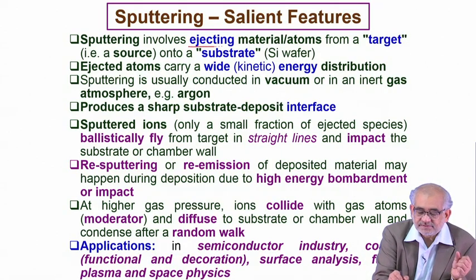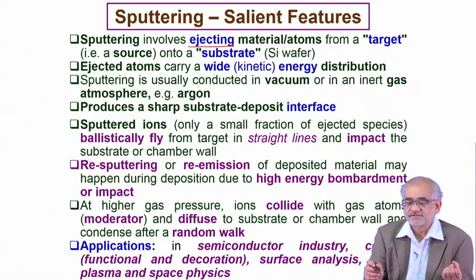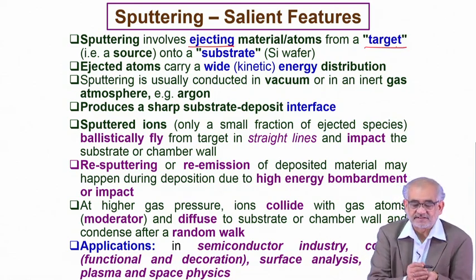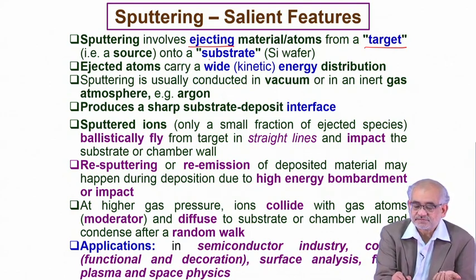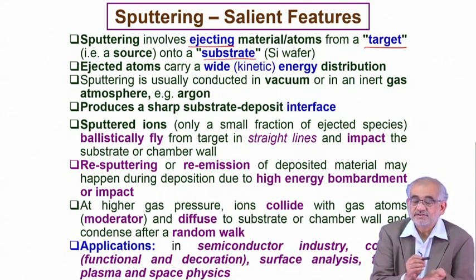So the process depends upon this ejection of atoms from the surface of the target, which is basically the source material, and the ejected atoms should come and sit on the substrate that we want to coat.